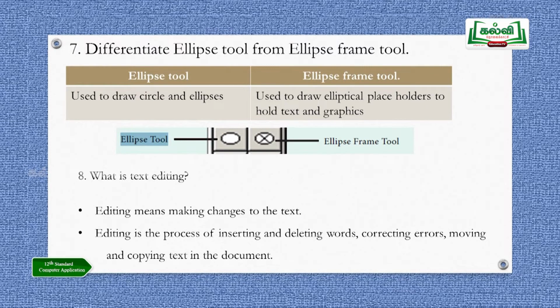You can draw any round object using the ellipse tool. And the ellipse frame tool is used to draw elliptical placeholders to hold text and graphics. That is, the ellipse tool is only to draw circles or round shapes. But if you want to put some text or frame inside that ellipse or any round shape, you have to use the ellipse frame tool.